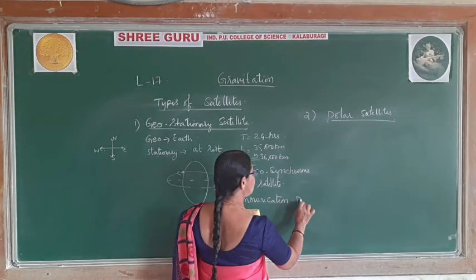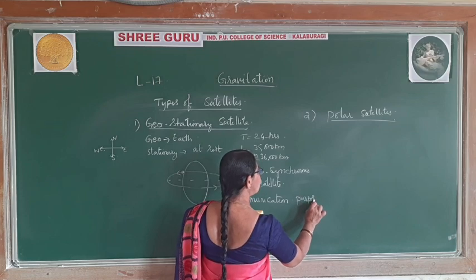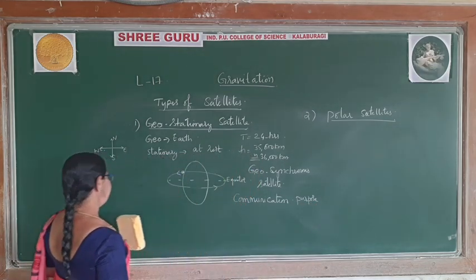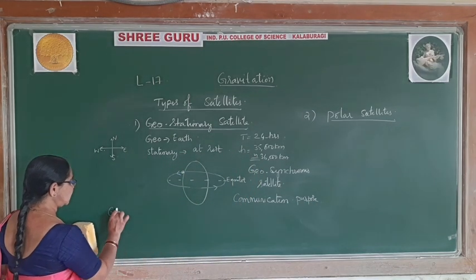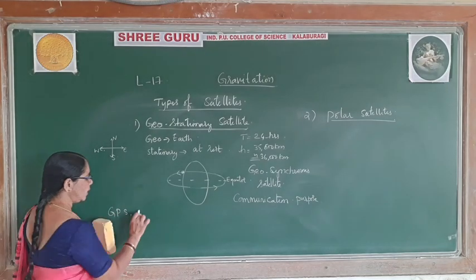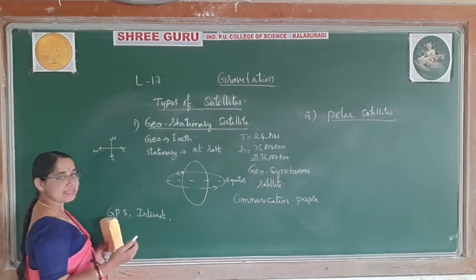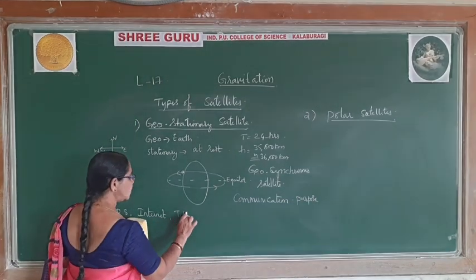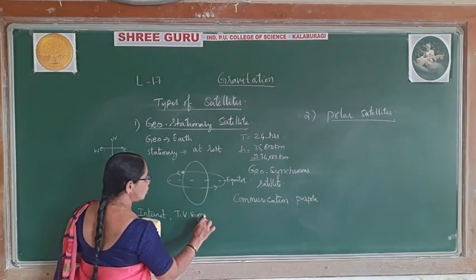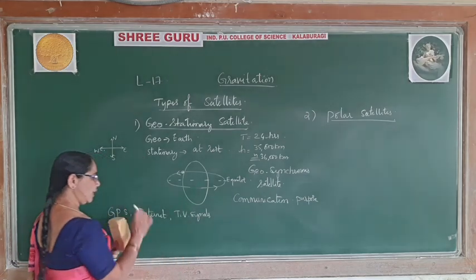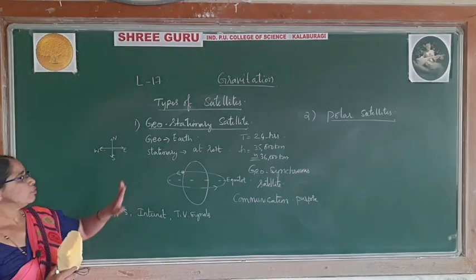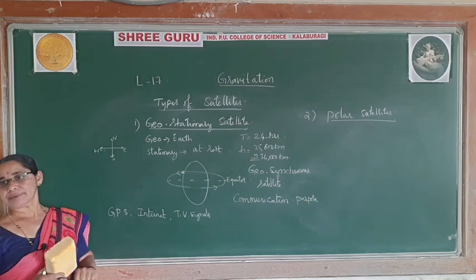In that, you come across GPS, internet, and also you can say TV signals. You are just using the TV signals. So all these are there with the help of this geostationary satellite.